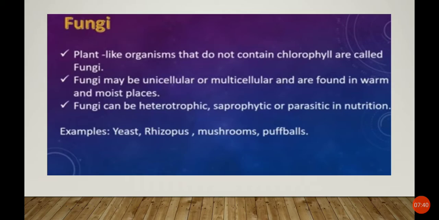Fungi may be unicellular or multicellular and are found in warm and moist places. Fungi can be heterotrophic, saprophytic or parasitic in nutrition. Heterotrophic means they depend on others. Saprophytic means they live on dead matter for food, and parasitic is also the same. Examples: yeast, rhizopus, mushrooms, puffballs. These are all the examples for fungi.